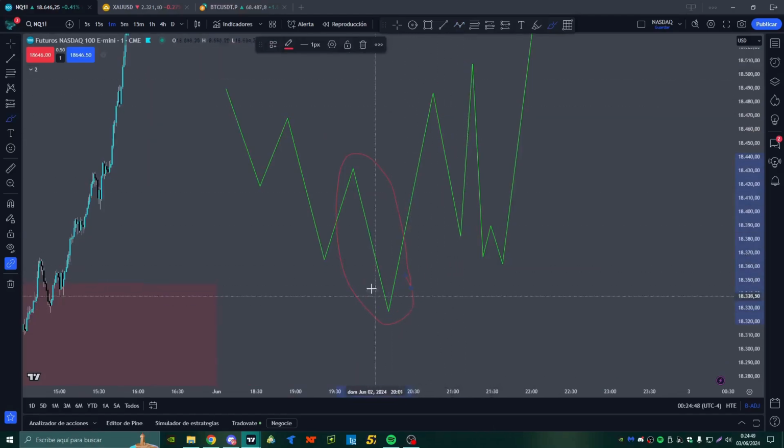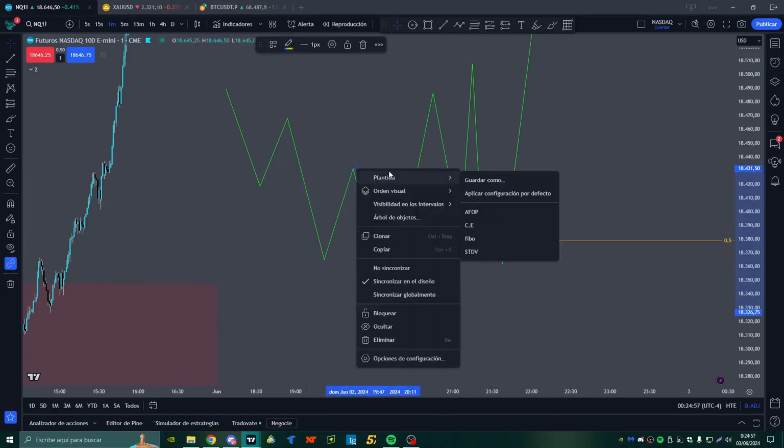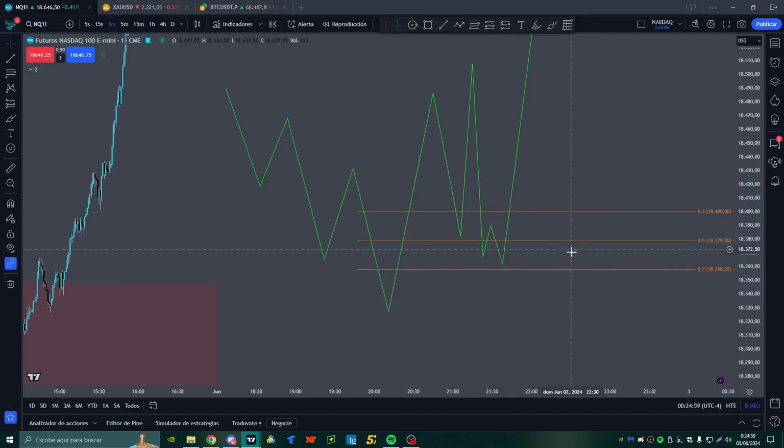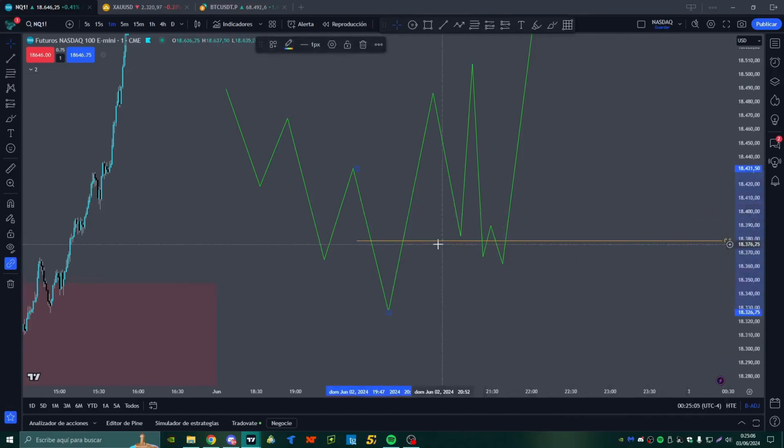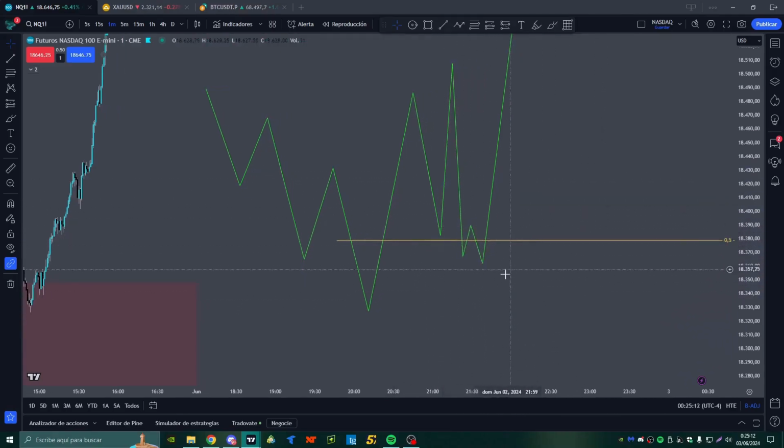Then in the other theory videos, I'm going to explain well how to take the areas. And these are the areas to which we are going to take measurements of 30, 50, and 70%, which I will also explain a bit about their levels later. Initially, the focus is going to be on the 50%, and these are levels sensitive to price.